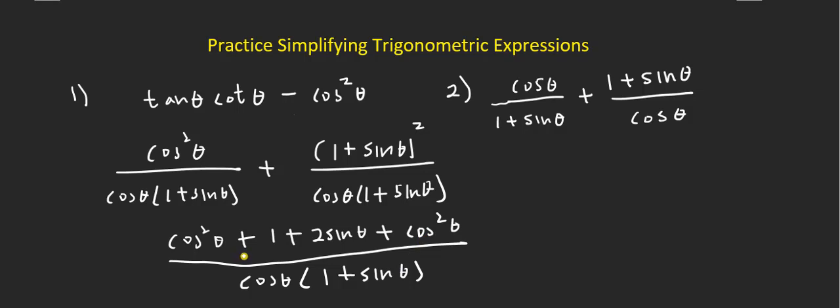What is cosine squared theta plus sine squared theta? It's 1. And 1 plus 1 is 2. You end up with 2 plus 2 sine theta over this.